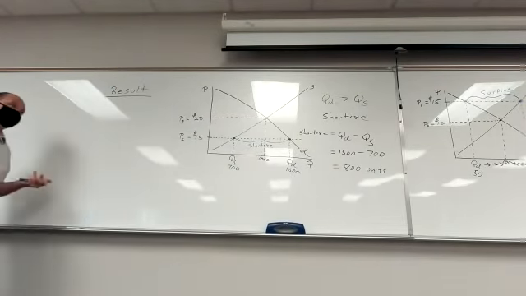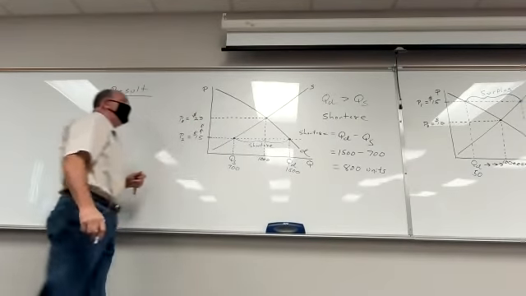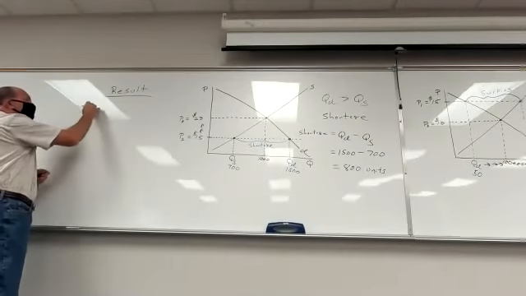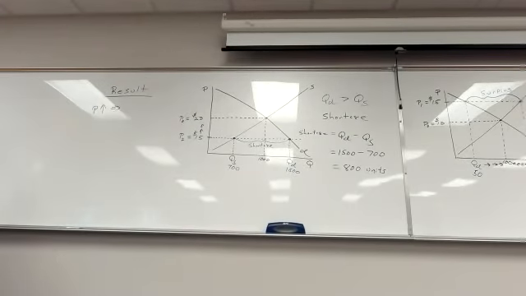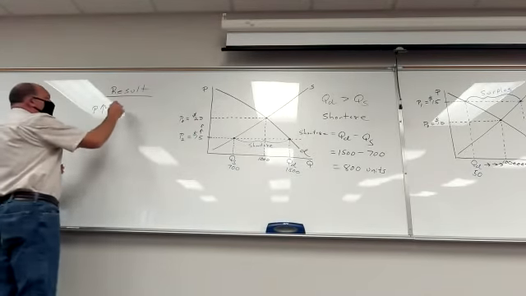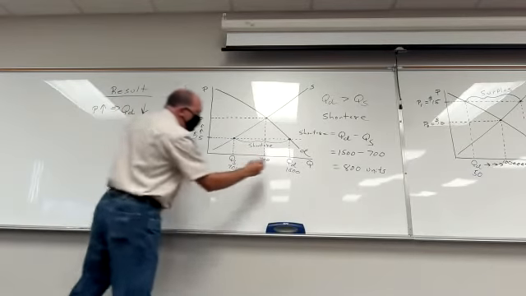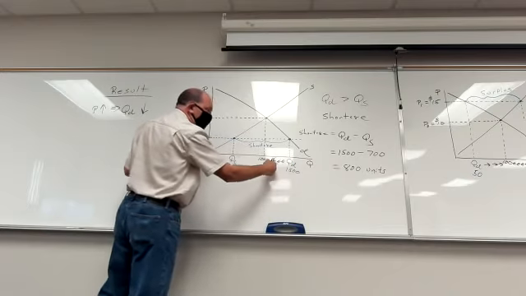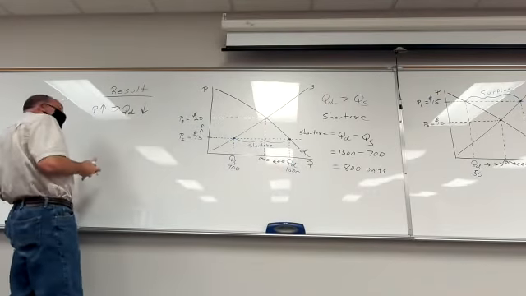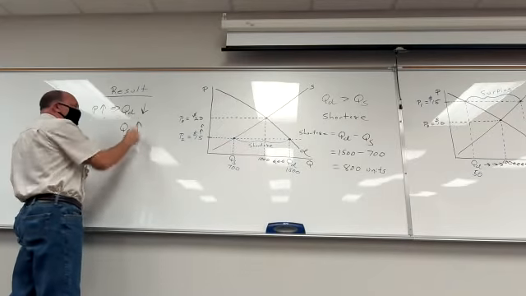To do that, the price in the market is going to have to tend back up towards equilibrium. So the price is going to start to increase in the market. As the price goes up, what do we know happens to quantity demanded? It goes down. So as price goes up, we don't buy as much. Quantity demanded starts coming back towards equilibrium. As price goes up, what happens to quantity supplied? It increases.